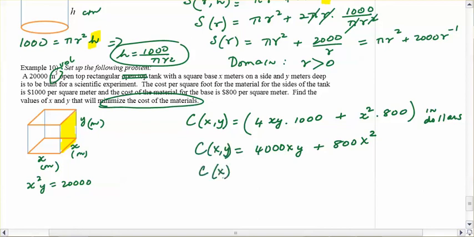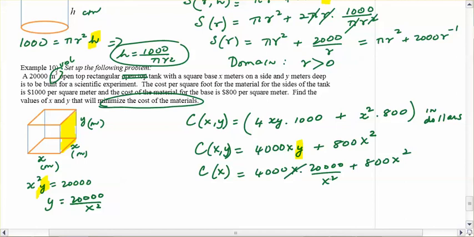Let's get rid of a variable. It looks once again as though y is the most convenient one to get rid of, isn't it? Let's have a quick look. Y is 20,000 over x squared.